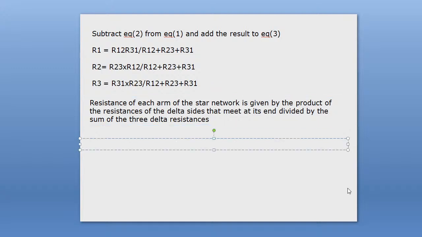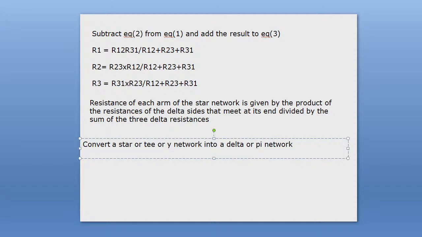If I give you a problem like that, convert a star or T or Y network into a delta or pi network.